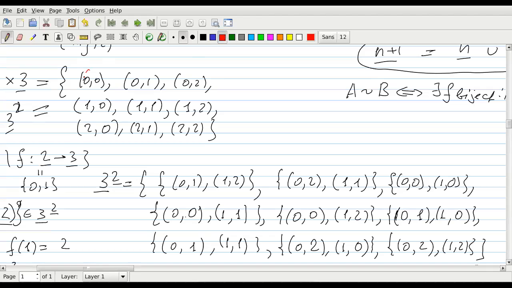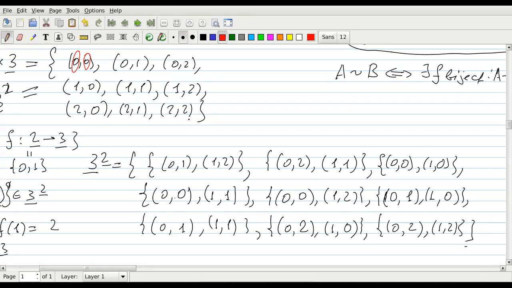So what is the natural counterpart for this pair? Which function should you put into correspondence to it? This one, in fact. What about this one? 0, 1, 1, 1. No? Okay, that's it. 0, 1, 1, 1.